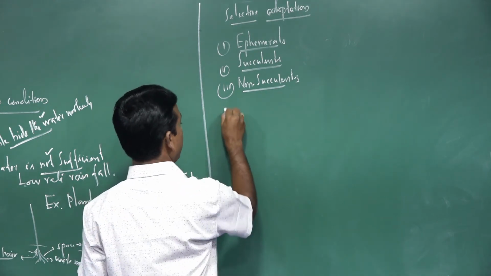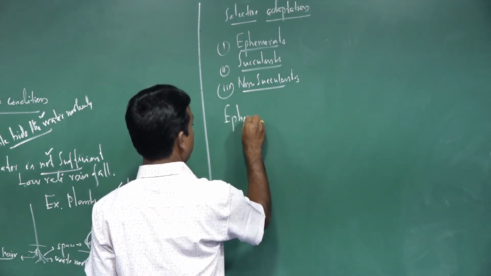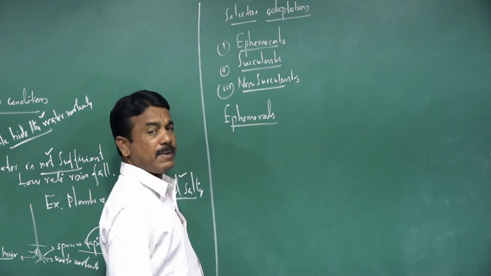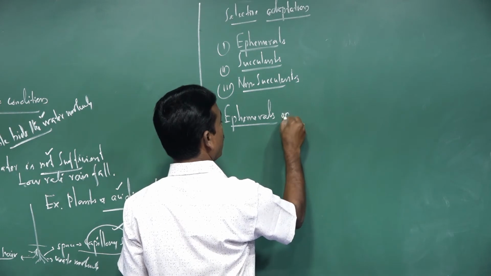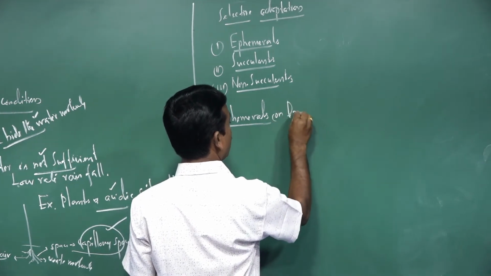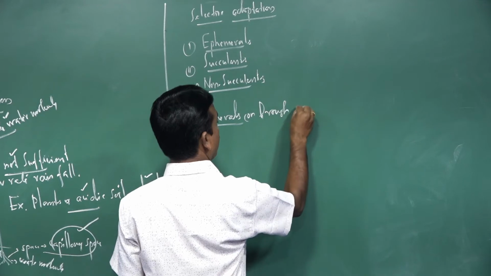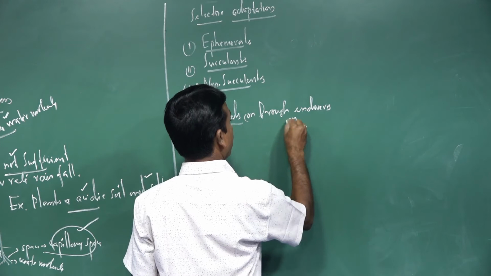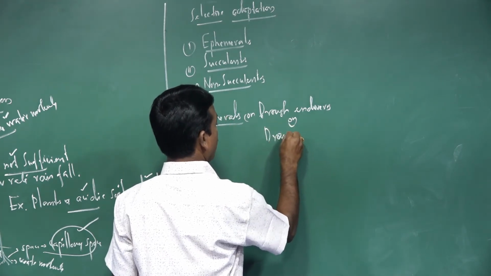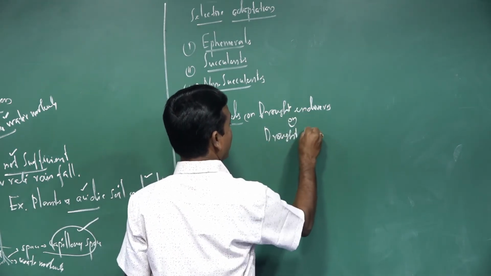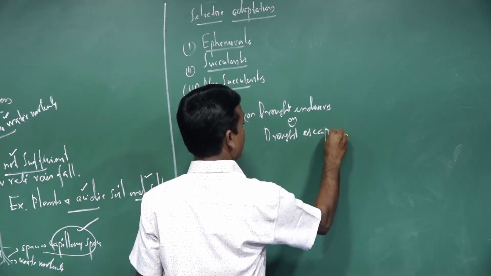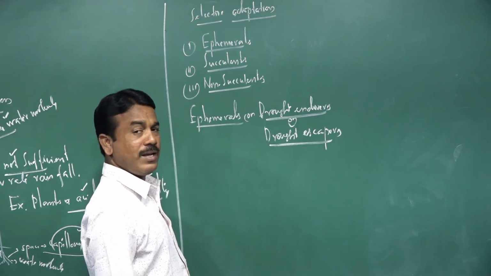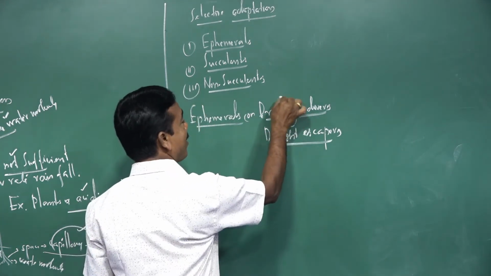The first one, ephemerals. Ephemerals are also called drought endurers or drought escapers, because those plants generally escape from drought.